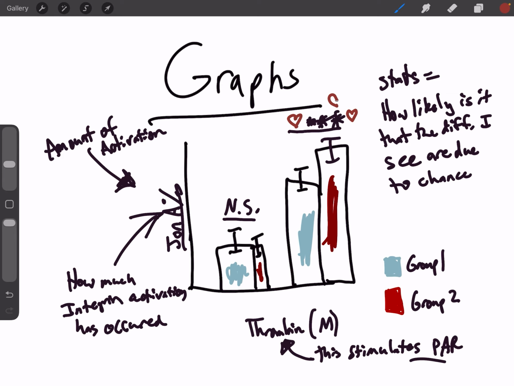The more stars, the more we love them. There is a whole discussion to be had about whether or not statistical significance actually equates to biological significance, but that's beyond the scope of this video. Anyhow, these are the basics that you should be looking for as you're going through the data in your paper.